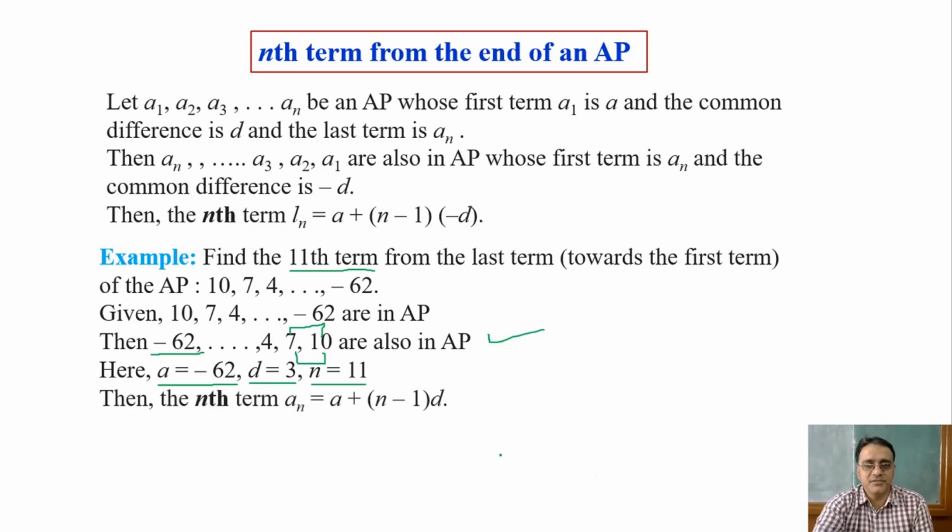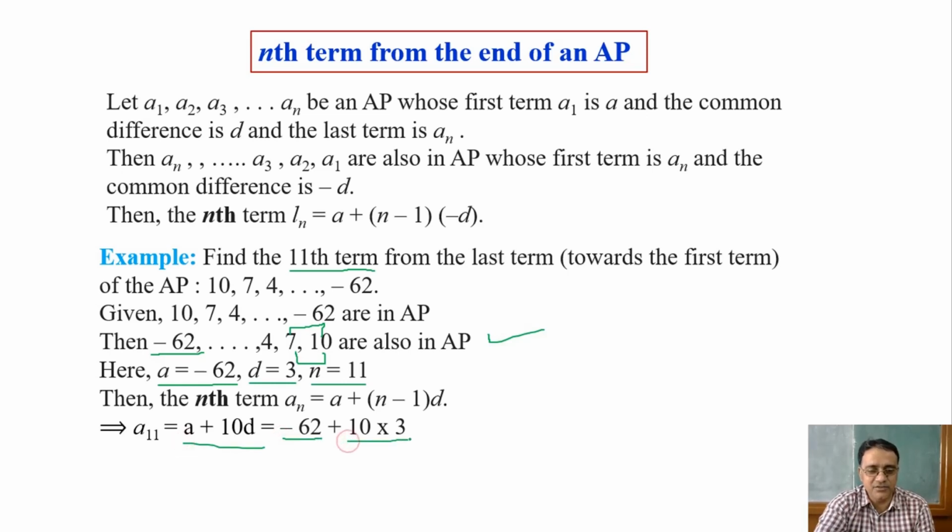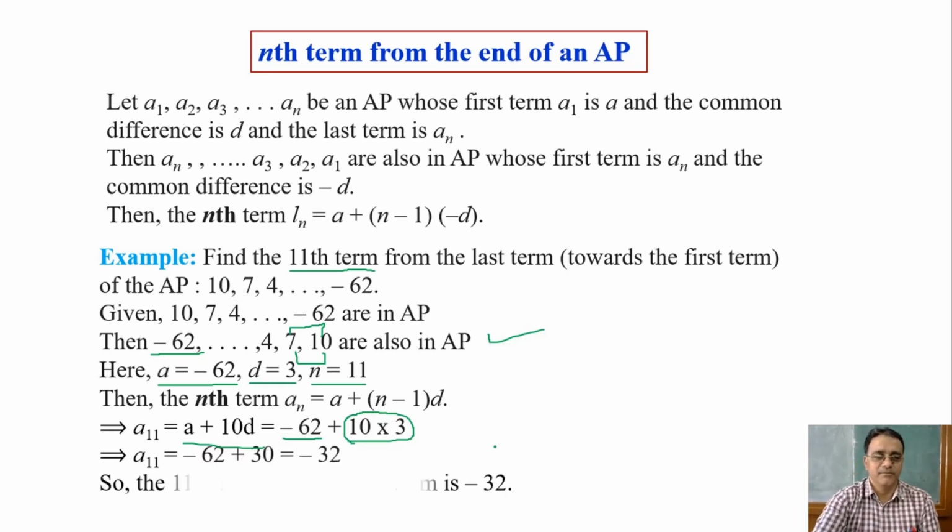So A11 is equal to A plus 10D. That is minus 62 plus 10 into 3. So ये 30 हो जाएगा. So minus 62 plus 30. What you will get? Minus 32. Right, minus 32. So the 11th term from the last term is minus 32. Any doubt in this question?